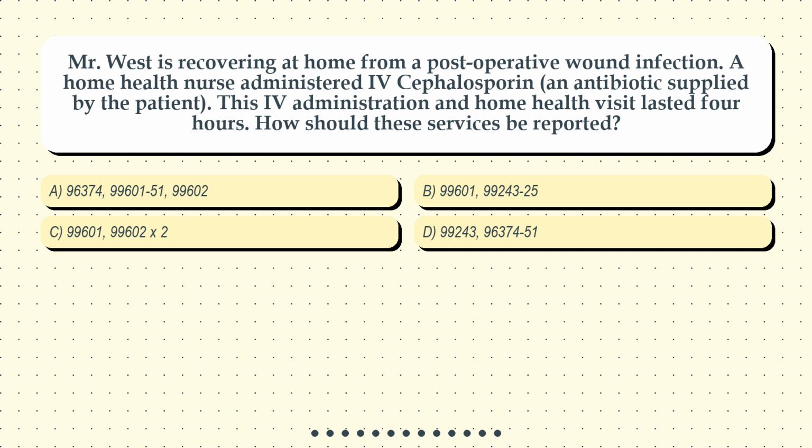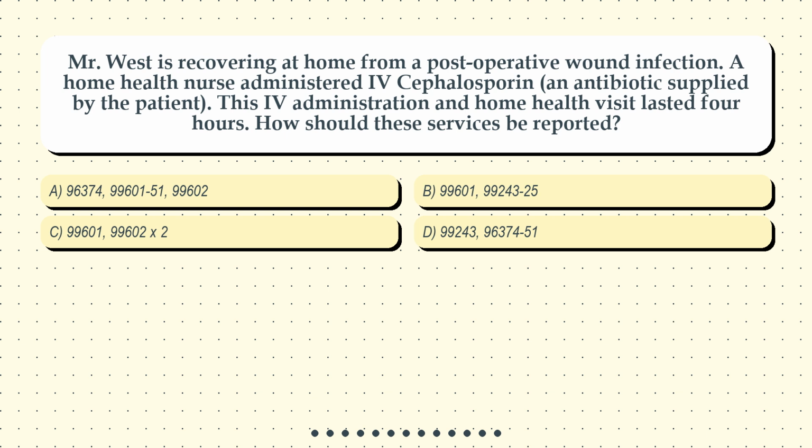Option A, 96374, 99601-51, 99602. Option B, 99601, 99243-25. Option C, 99601, 99602 x 2.